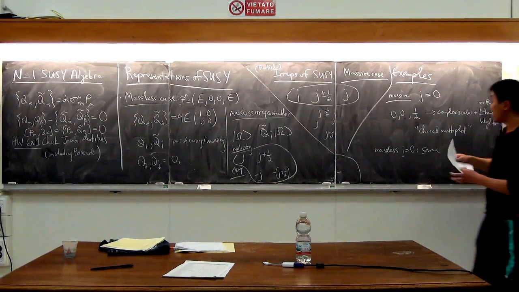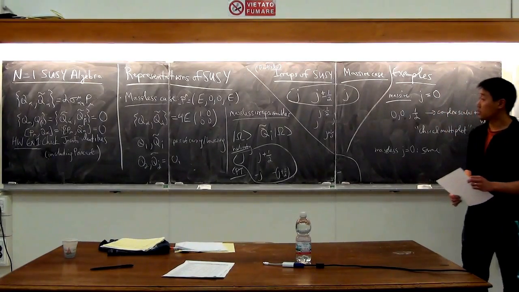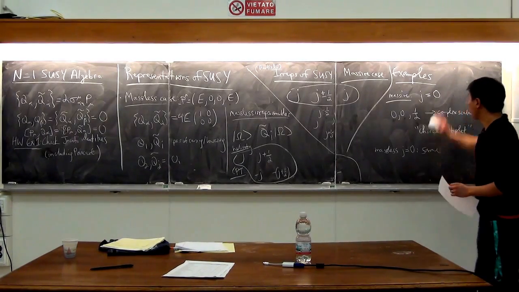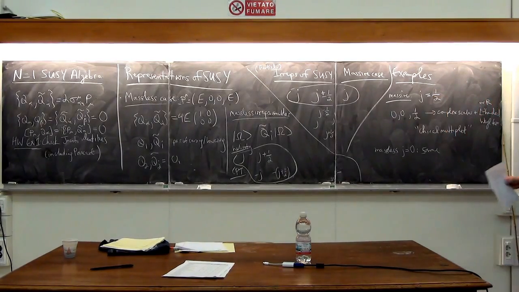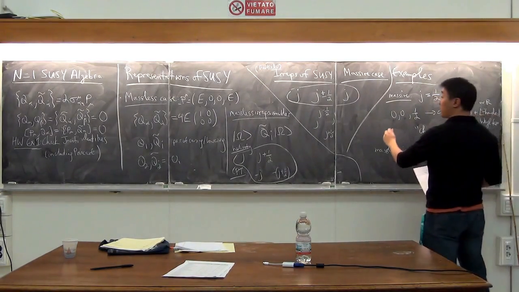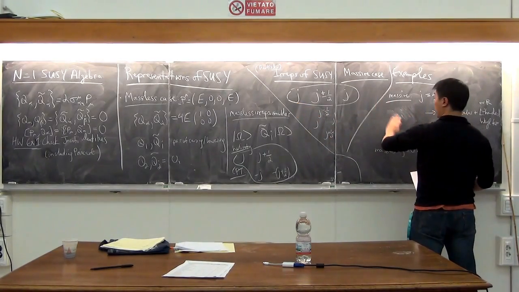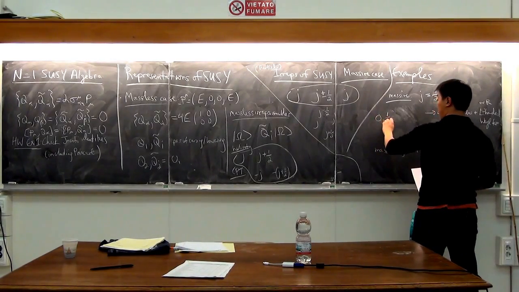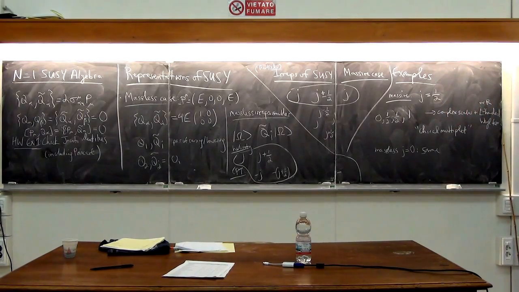Okay, so that's what happens for J equals 0. The only other case we're going to need is J equals a half. Okay, so let me do J equals a half. So for J equals a half, I get 0, a half, 1, as the total J's that are in my multiplet.